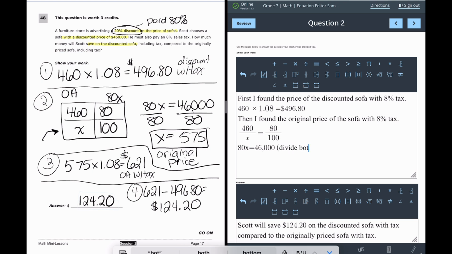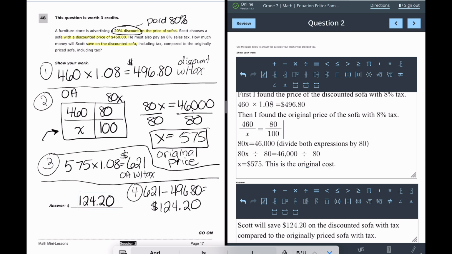Divide both expressions by 80. 80x divided by 80 is equal to 46,000 divided by 80. And I get x is equal to $575. That x bothers me, so I just do that. This is the original cost.